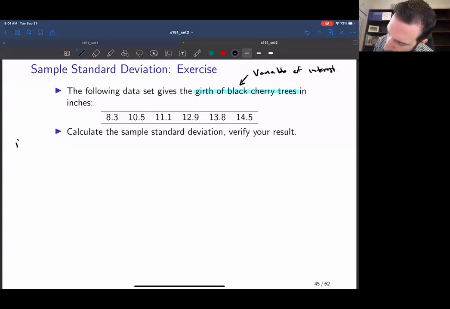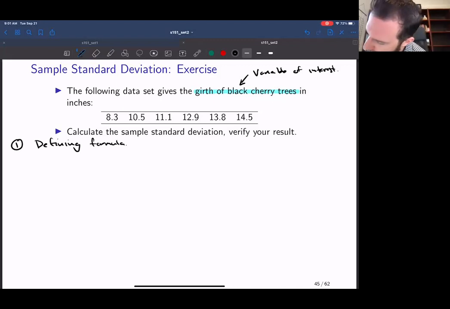All right, so we'll start off with the defining formula.